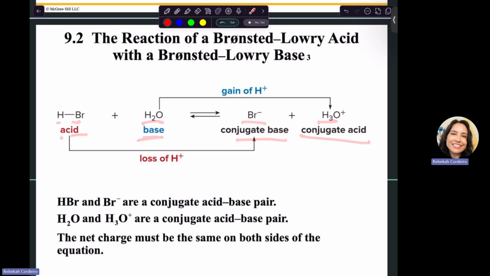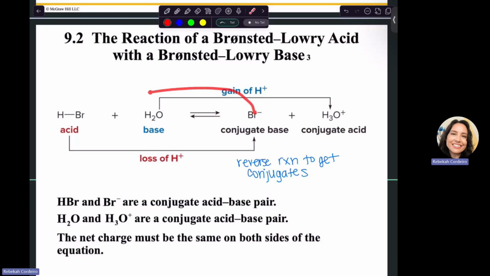Another way to think about conjugates is to reverse the reaction to get your conjugates. So who is acting as a base or an acid in reverse? If we look at it in reverse, the bromide is accepting H plus. So it's acting as a base. But we can't call it the base because it's the one that's in reverse. So it's the conjugate base.